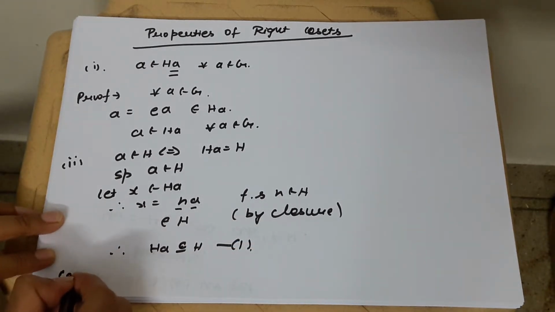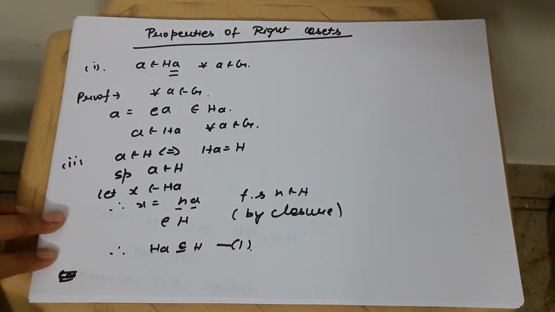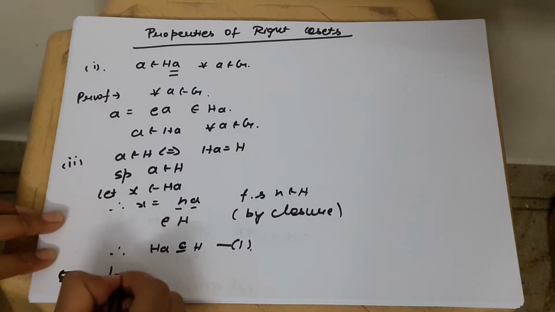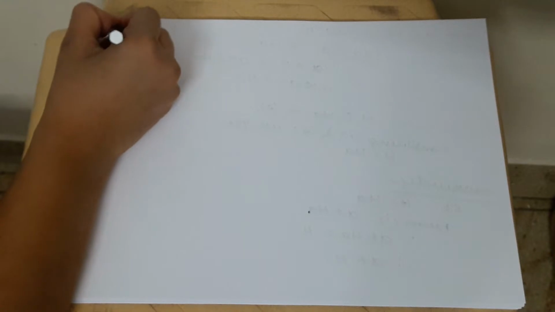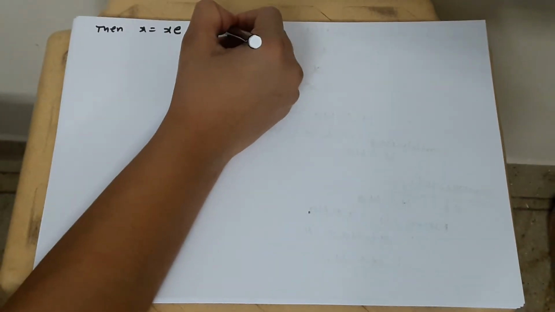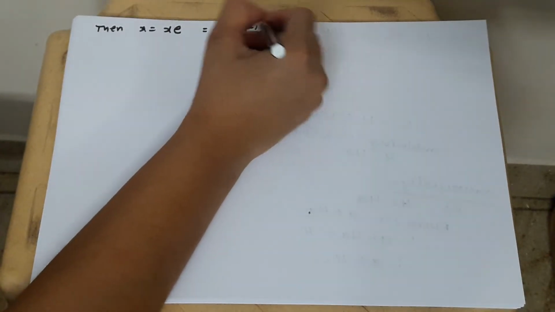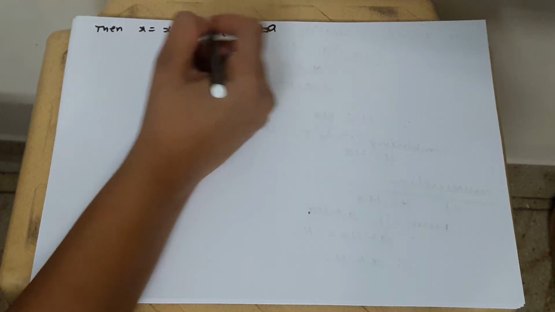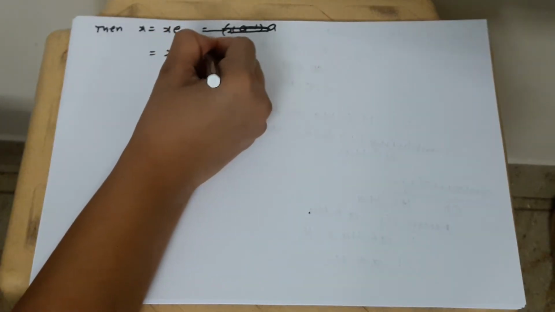Now conversely, we will prove H is contained in or equal to Ha. Let x belong to H. Then we have x is equal to xe. We can write it like x a inverse a. Sorry, I forgot one step. You can write e as a inverse a.